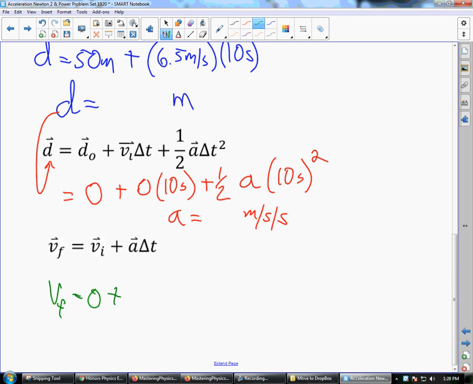I'm going to use that a value that I found, and then I know, of course, back to my 10 seconds. And that will do that one, right?